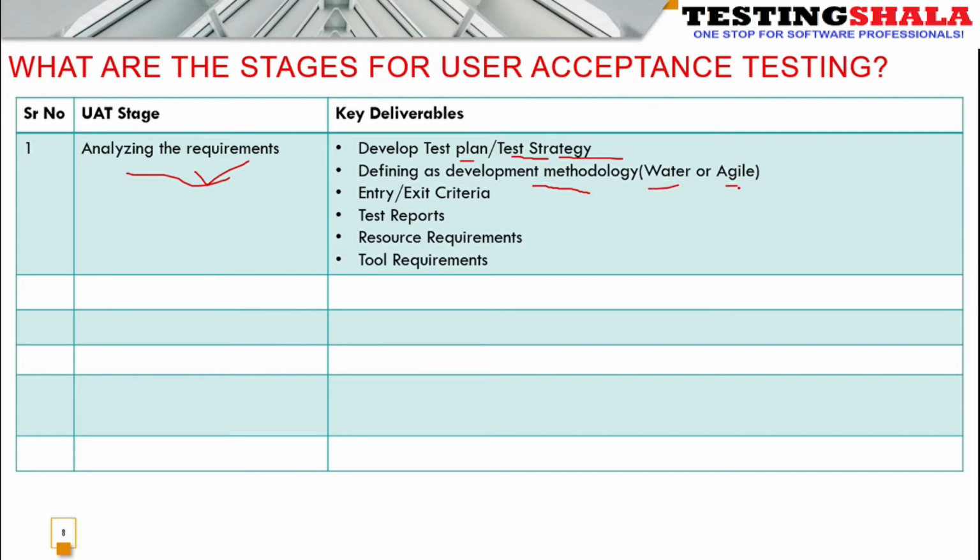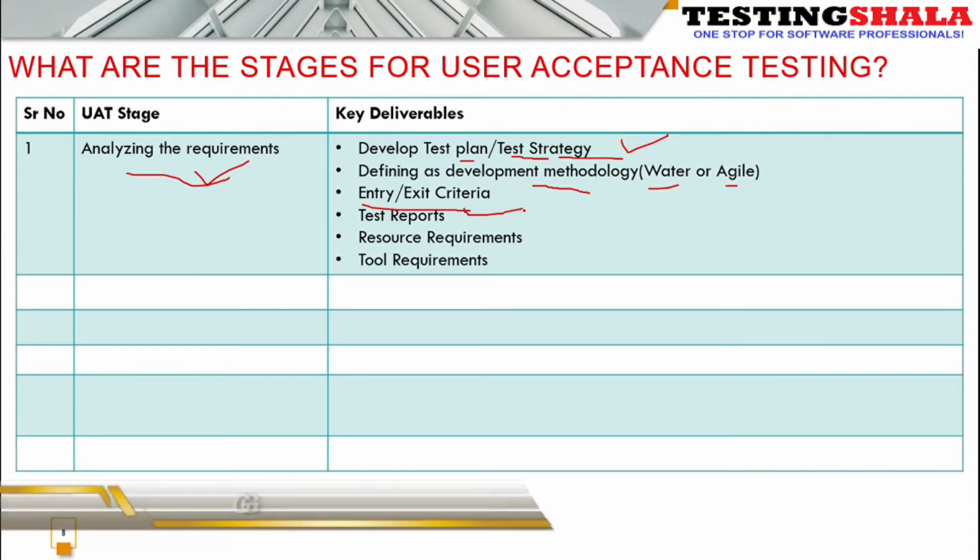After that, we define the entry and exit criteria for user acceptance testing as part of the test plan or test strategy. We also define how we will publish the test reports, and what the various reports are that we will publish to all the stakeholders.